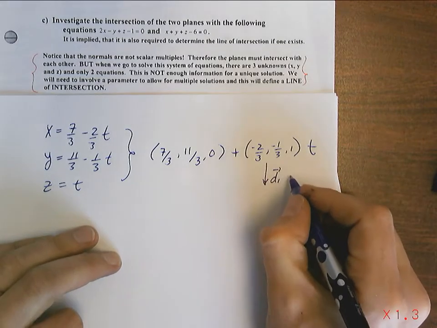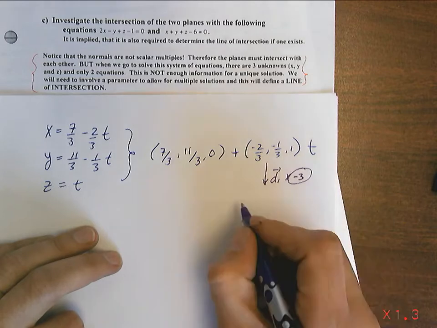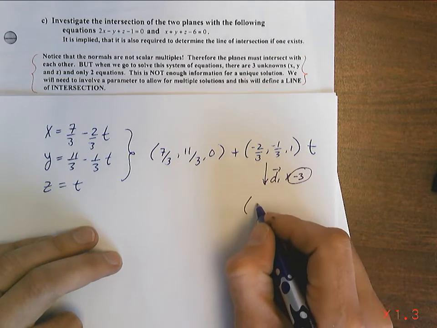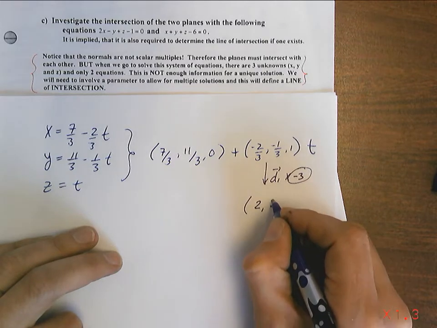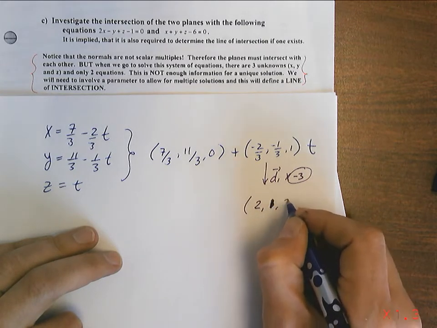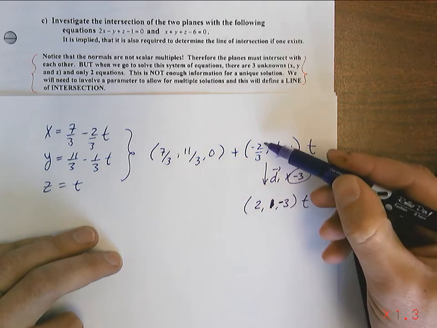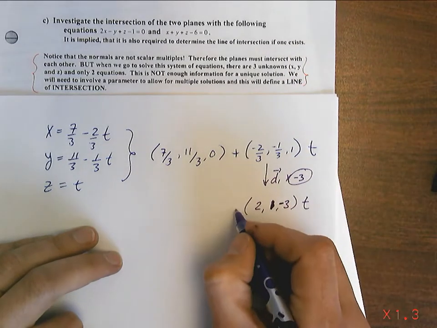So the direction vector I can easily multiply by -3, and what that'll give me is 2, 1, -3. That's my new direction vector.